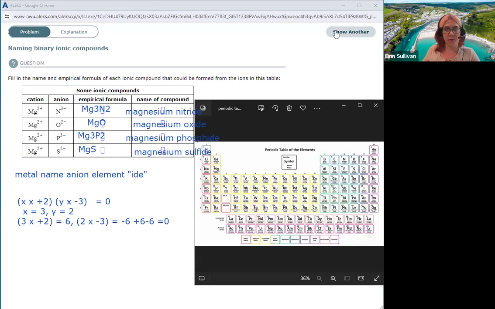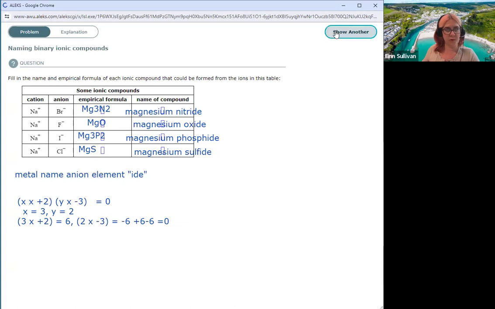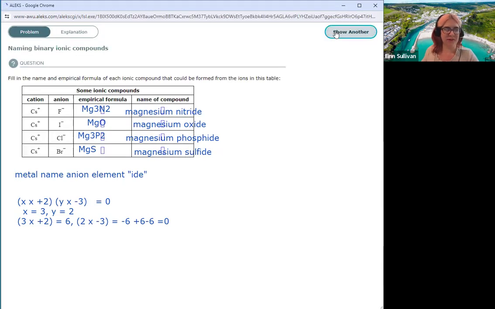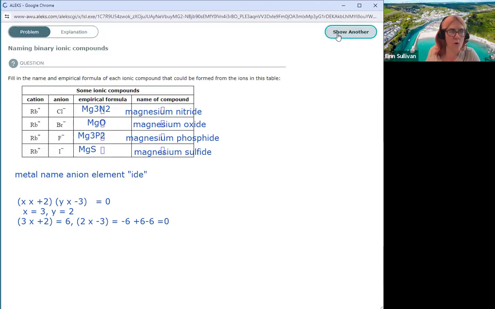Okay, so let's get another one up just to make sure that we've seen all kinds of possibilities. This one is boring, so I'm going to skip it. This one is similarly boring, as is this one. It's pretty much the same as what we've just done. What I'm looking for is that occasionally it will throw in a transition metal like iron or copper.